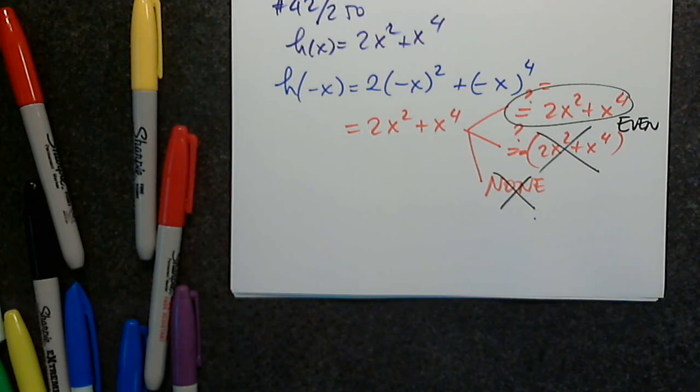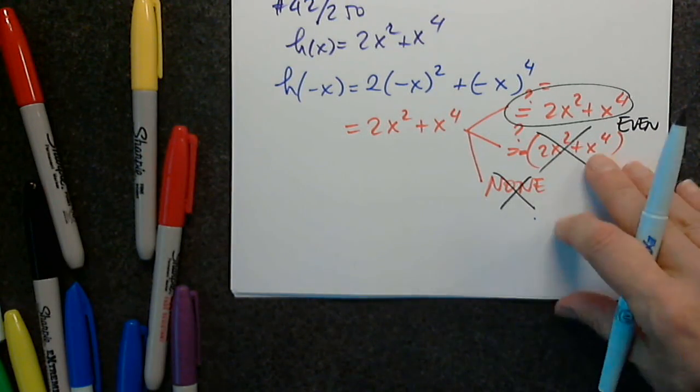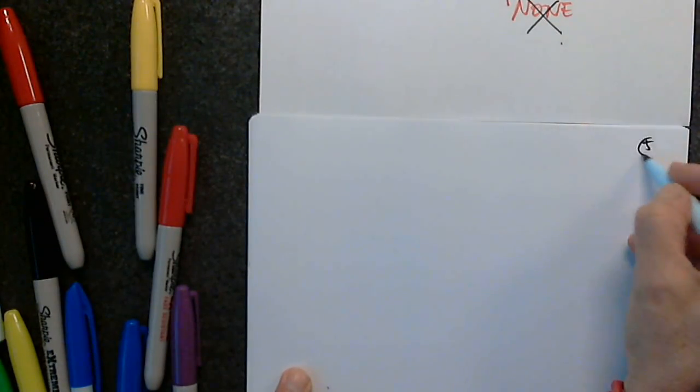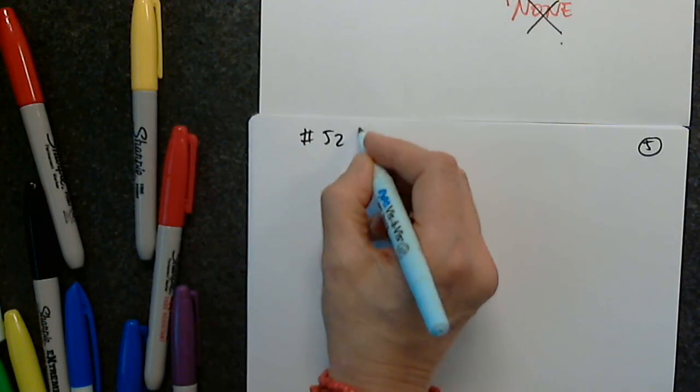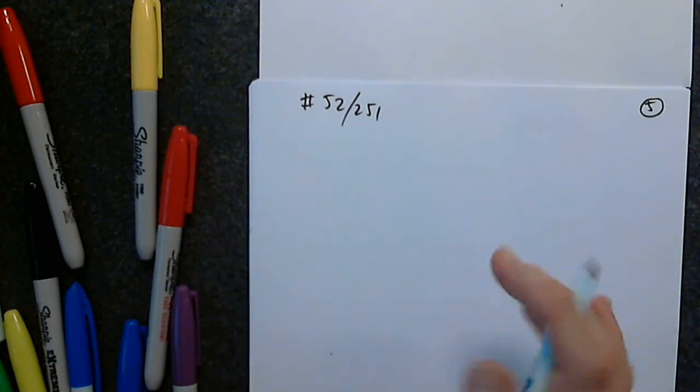I would like us to look at a graph on page 251 if you have the book. If you don't, I will graph it. So here's the graph. Let's look at 52 on page 251.